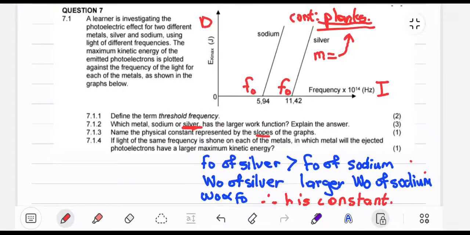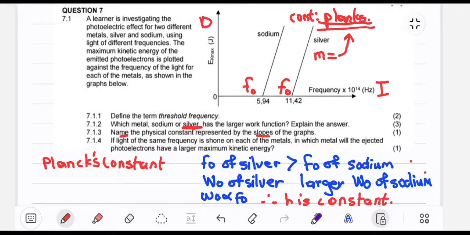So here they say name the physical constant, so I'll say the name there is Planck's constant.